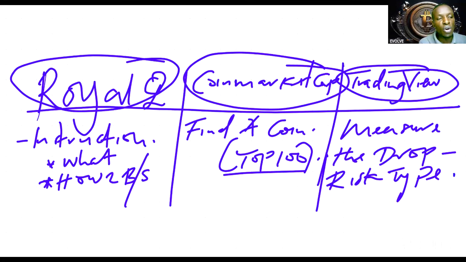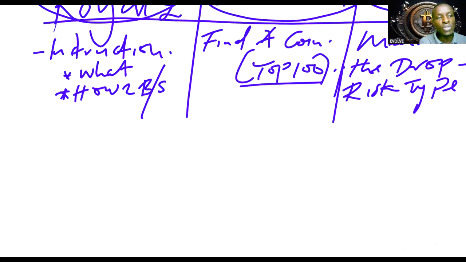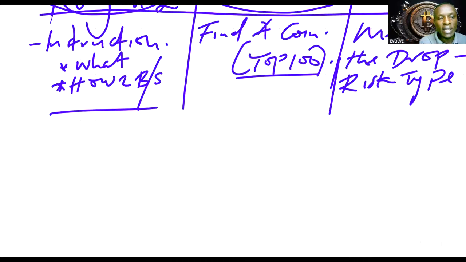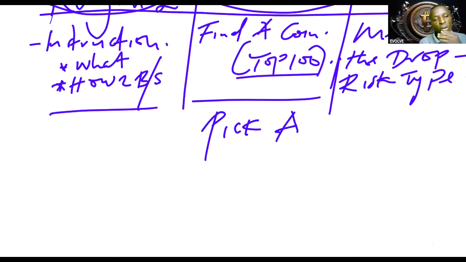When it comes to Royalq, we are going to get a coin. We get a coin from Coin Market Cap. So pick a coin from Coin Market Cap, any coin of your choice. Start with Royalq.